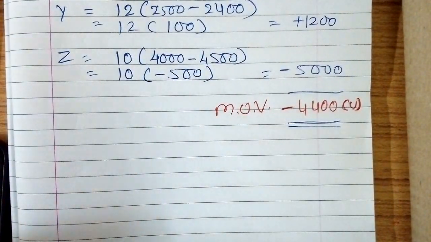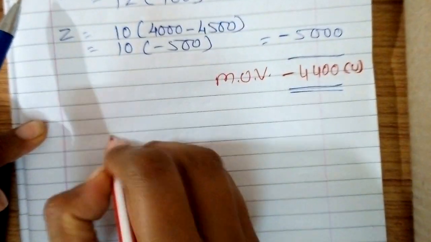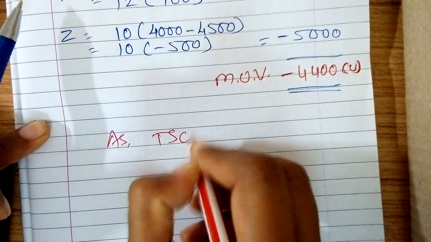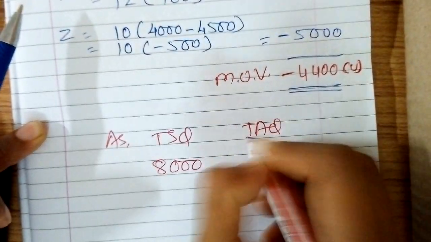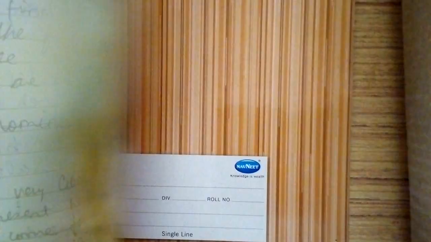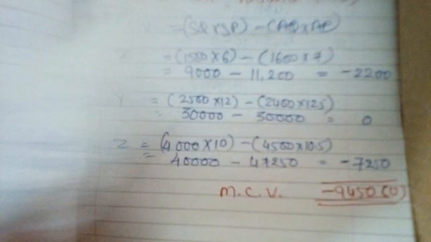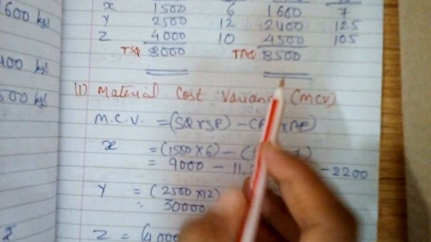Clear everybody? Okay. Now as TSQ is 8000 and TAQ was in the table, what was it? 8,500.